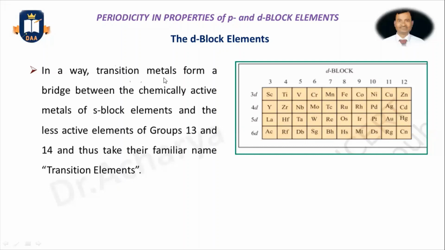Transition metals form a bridge between the chemically active metals of the s-block elements and the less active elements of groups 13 and 14. That's why it is called the transition element.